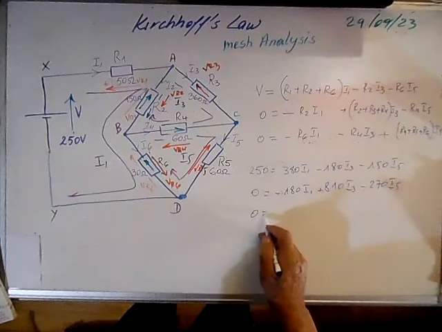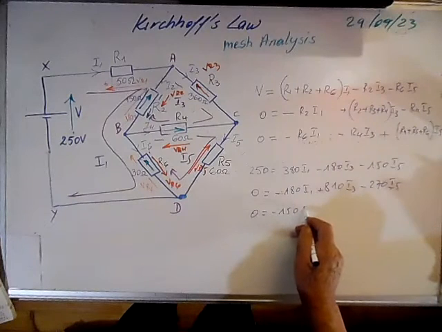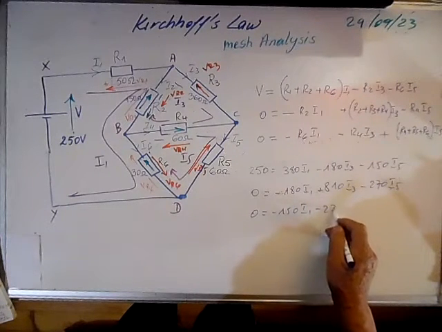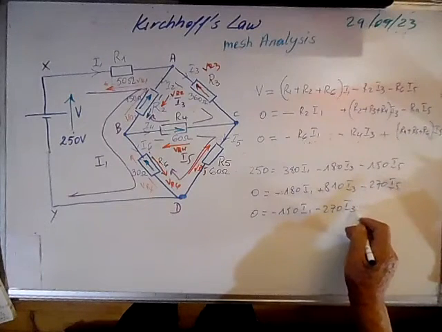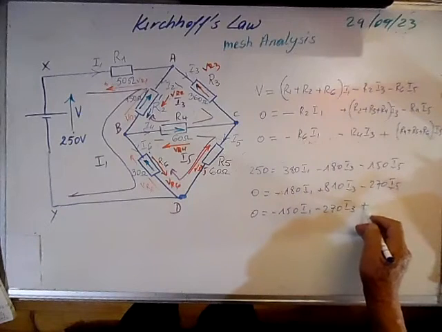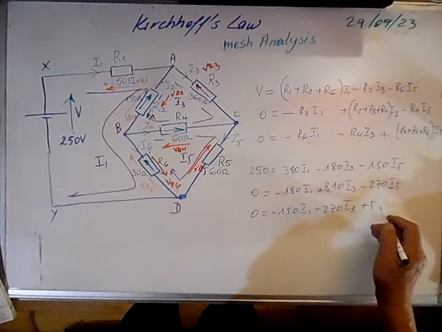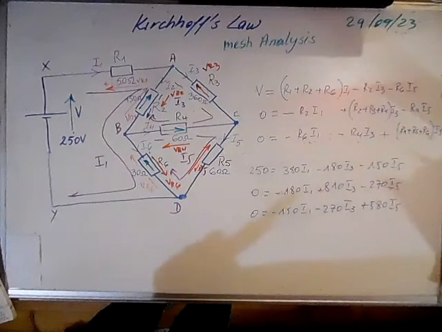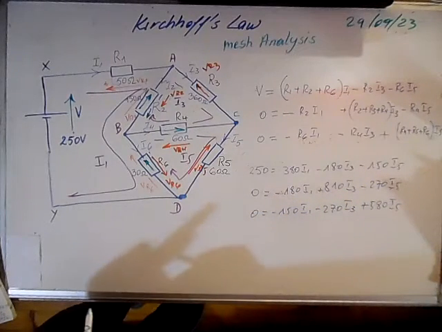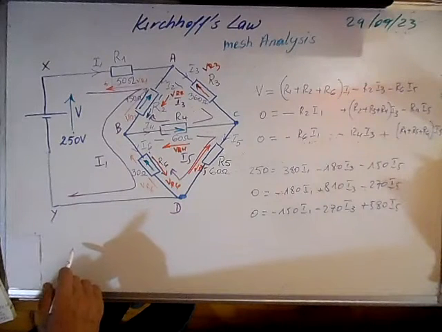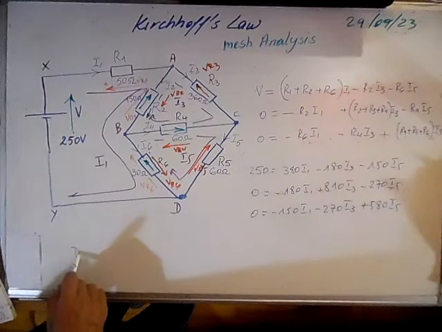Here we will have minus 150 I1 minus 270 I3 plus 580 I5. Here we can use the Cramer rule method, and we can calculate the determinant of this system.